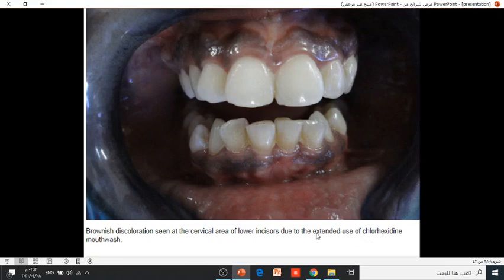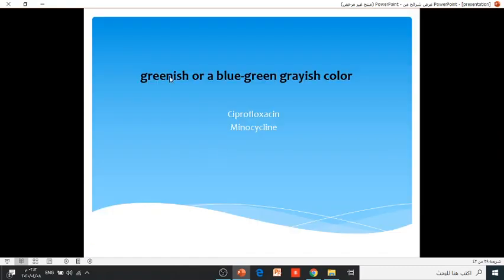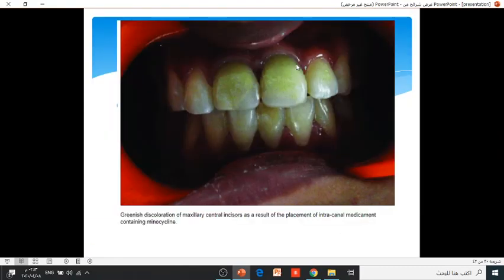Prolonged use of chlorhexidine could cause brownish discoloration, as seen here in the cervical area of the lower anterior teeth. Some antibiotics used as intracanal medicament in endodontic treatment, like medicament containing minocycline, could cause a greenish discoloration.